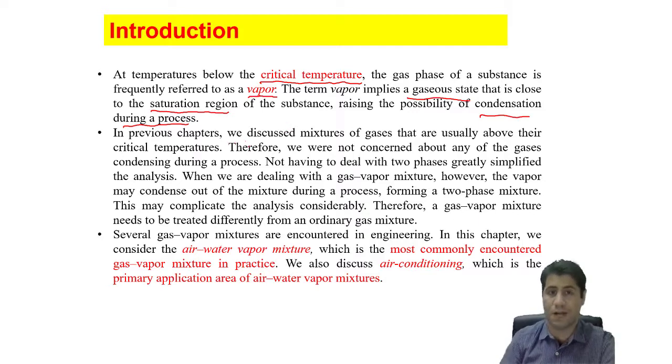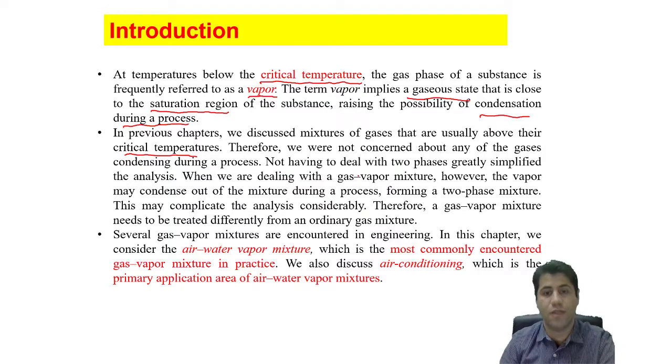In previous chapters up to now, we discussed mixtures of gases that are usually above their critical temperature. So usually we have only gas in our consideration in our problems. Therefore, we were not concerned about any of the gases condensing during a process, if you remember.